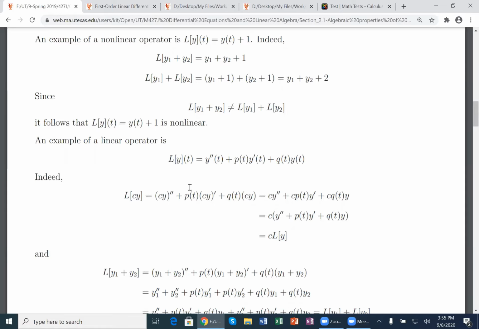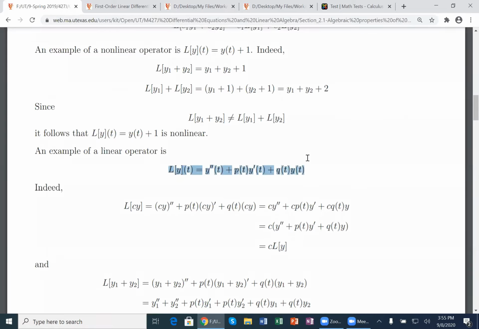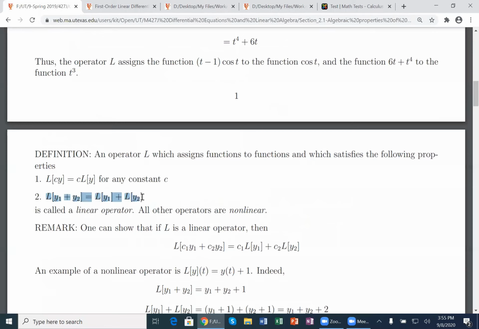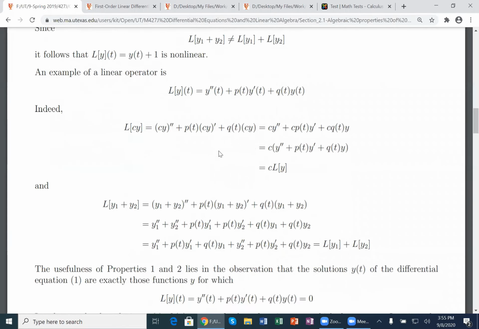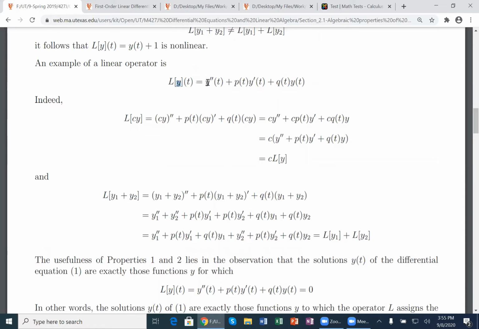Now let us show that this L satisfies property number 2. We start from the left. L of y1 plus y2. We replace y here, here, here, and here by y1 plus y2. Done. By calculus 1, derivative of the sum is the sum of derivatives. Here we just expand parentheses.